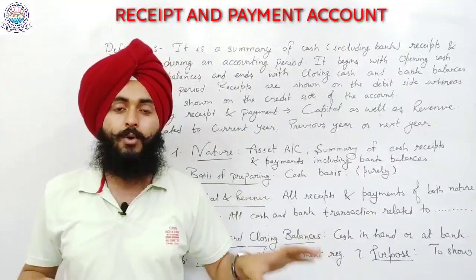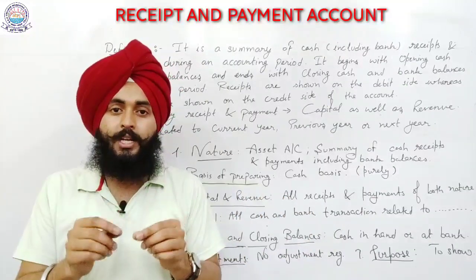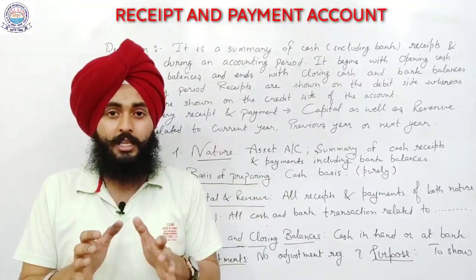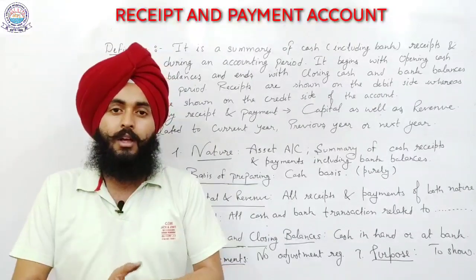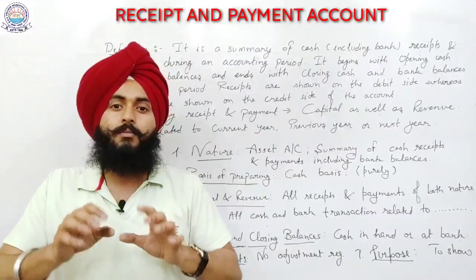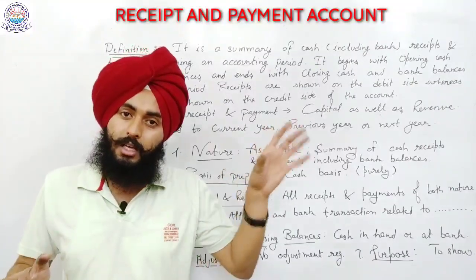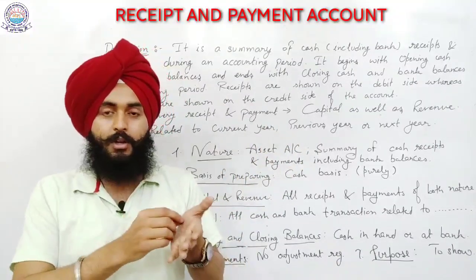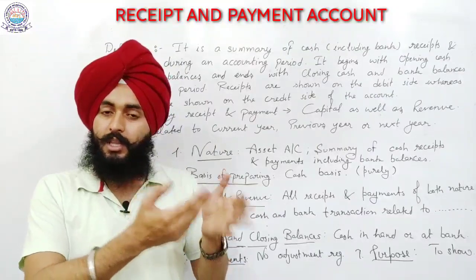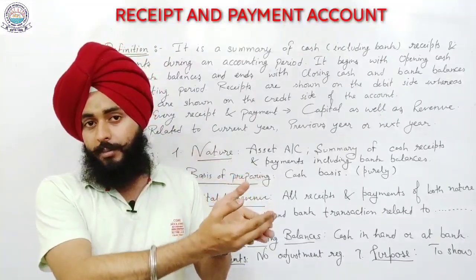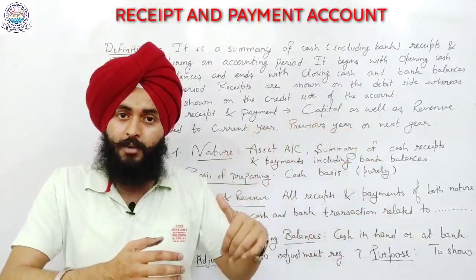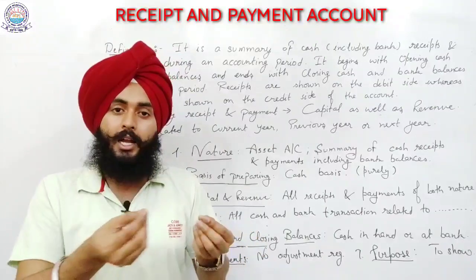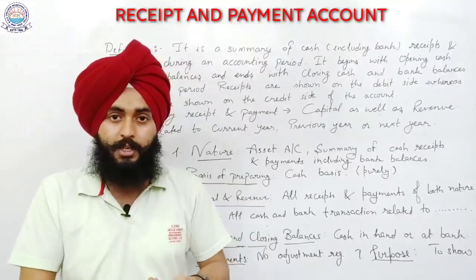In our cash account or cash book, so many transactions are there. Like if we talk about subscription, we get subscription many times in an accounting year. So what is the simple journal entry? Cash account debited to subscription, and just after 10 days another person came, who is our member of course, and gave the amount of subscription.